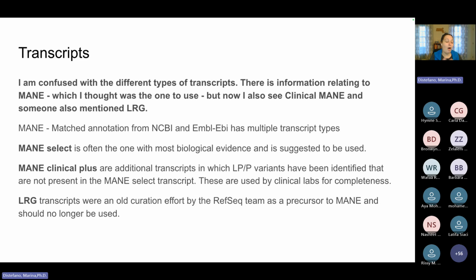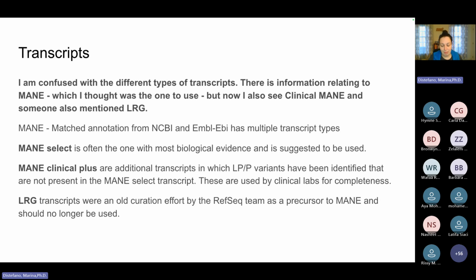Most all genes have one main select transcript. However, there are some genes that have additional transcripts, and those are designated as main clinical plus. And those are additional transcripts in which likely pathogenic or pathogenic variants have been identified that are not present in the main select transcript. And these are often used by clinical labs for completeness because clinical labs do not want to miss any pathogenic or likely pathogenic variants.